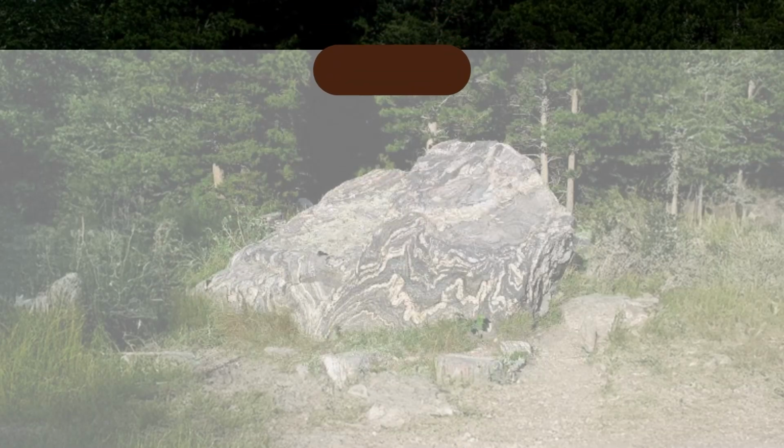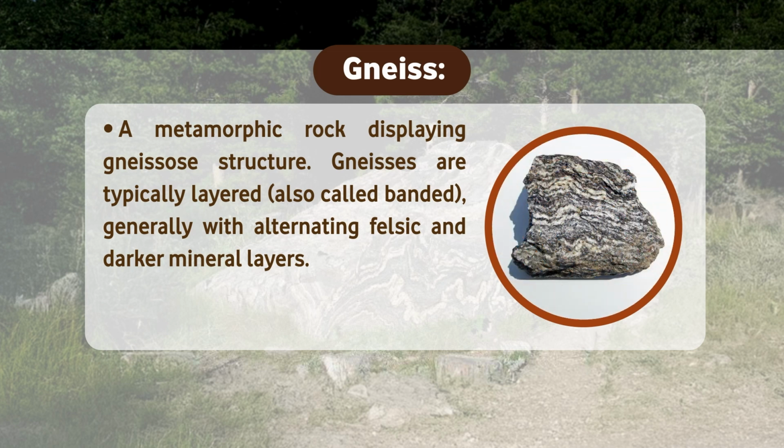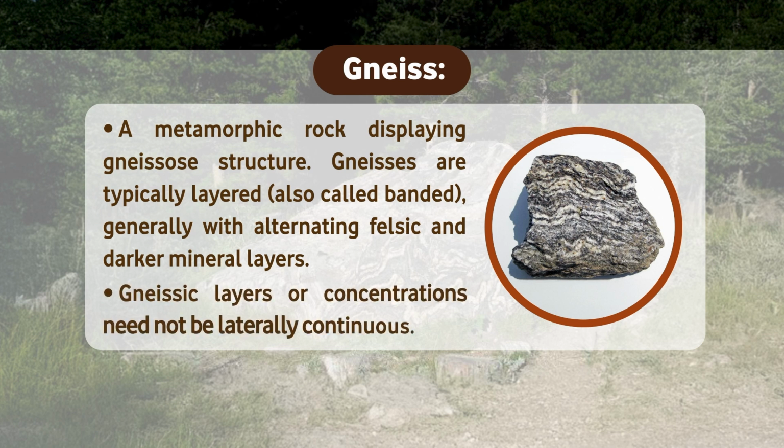Then we have the gneisses. This is a metamorphic rock displaying gneissic texture. Basically, this is a layered rock in which we can see clear banding of alternating felsic and darker mineral layers. Gneissic layers or concentrations need not be laterally continuous.